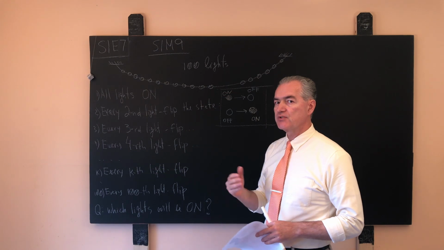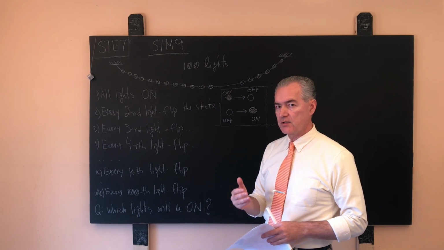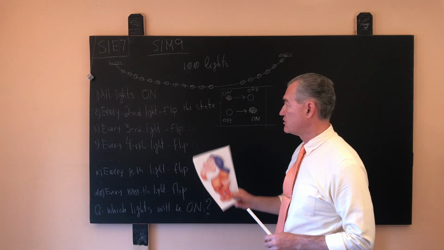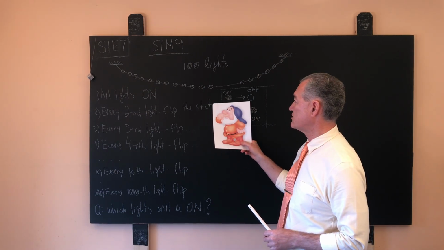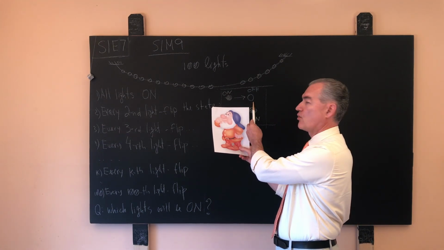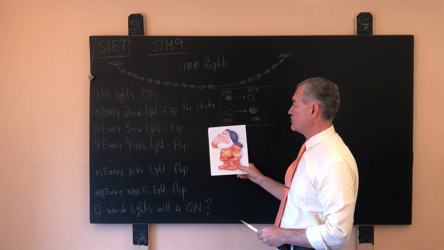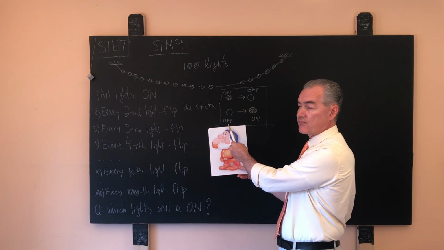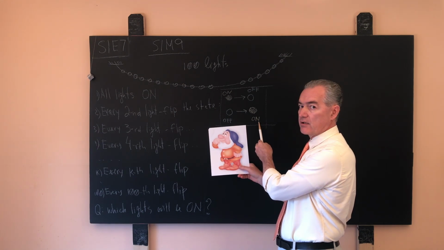What does it mean to flip the state of a light bulb to its opposite? That means that if the dwarf sees the current light as on, then he will turn it off. And if the dwarf sees the current light as off, he will turn it back on.